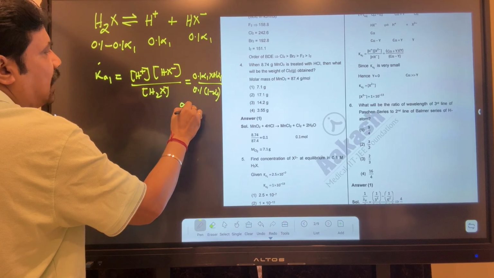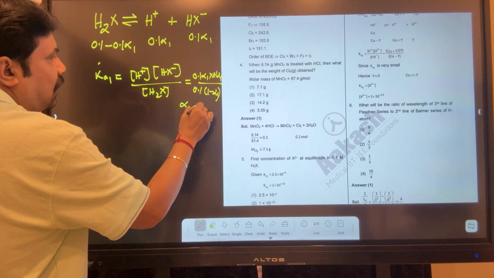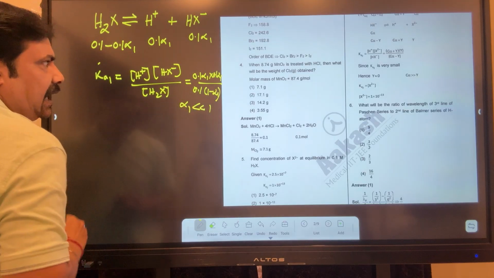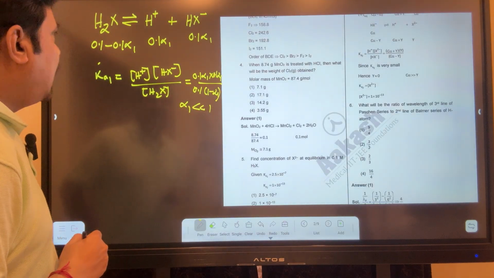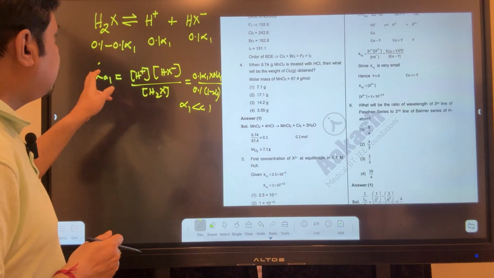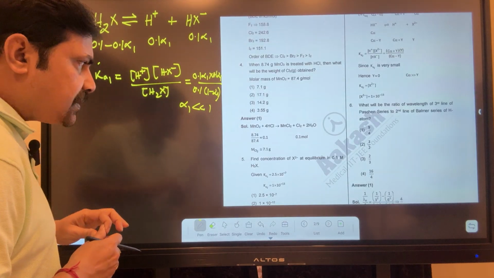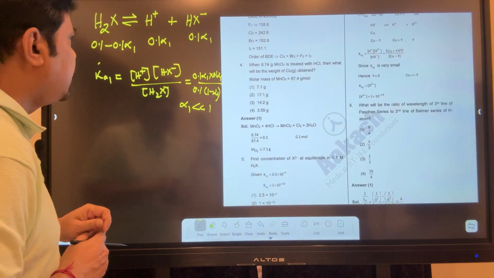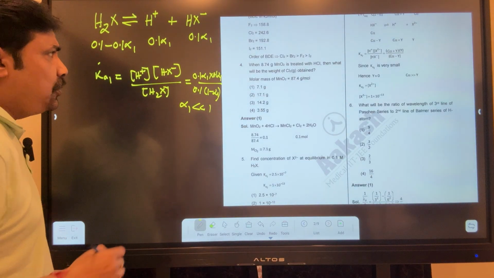Now if alpha 1 is very much less than 1, then we can neglect it and write 0.1. But they didn't ask for this K1, they provided it. K2 also they provided. Now for K2, how will we write it down?